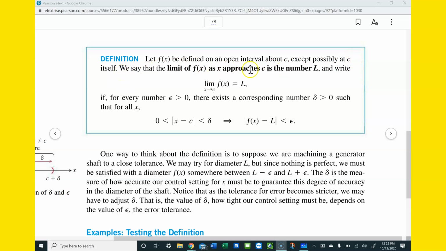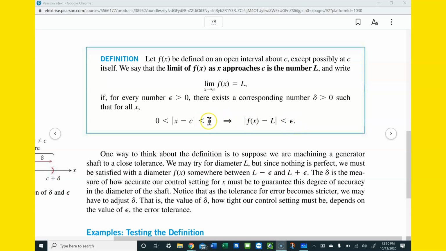We say that the limit of f of x as x approaches c is the number L, and write the limit as x approaches c of f of x equals L if this is the only way that we can legitimately say that this is the case: if for every number epsilon greater than 0, there exists a corresponding number delta greater than 0, such that for all x, for any possible x value, the distance of x from c being between 0 and delta leads to the distance of f of x from L being less than epsilon.